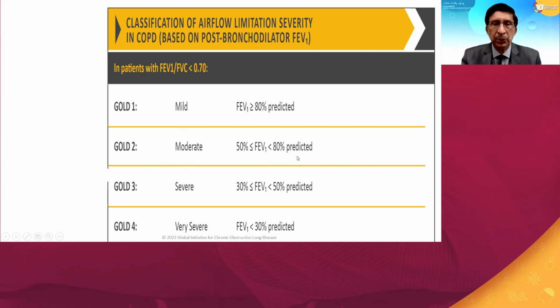If it is 50 to 80%, stage 2; 30 to 50%, GOLD stage 3; and if it is less than 30%, that will be GOLD 4. It is very important that we classify the stage, because for treatment purposes this is the only way to go.